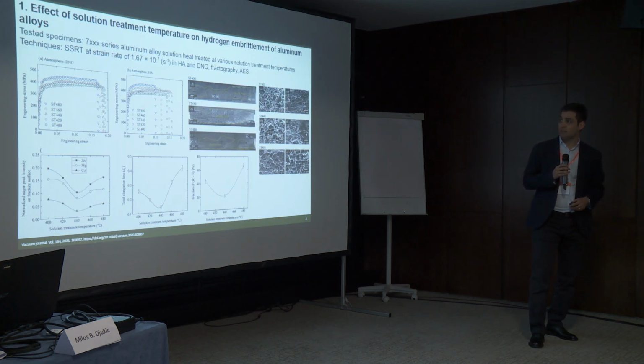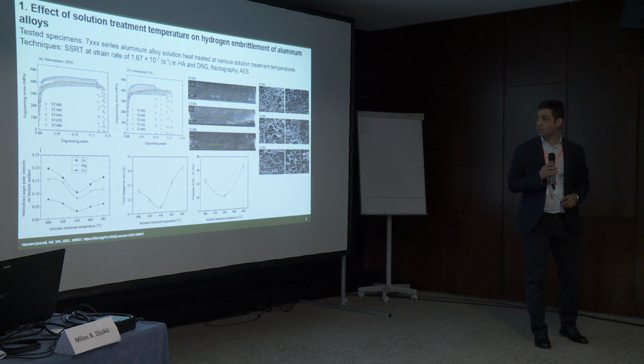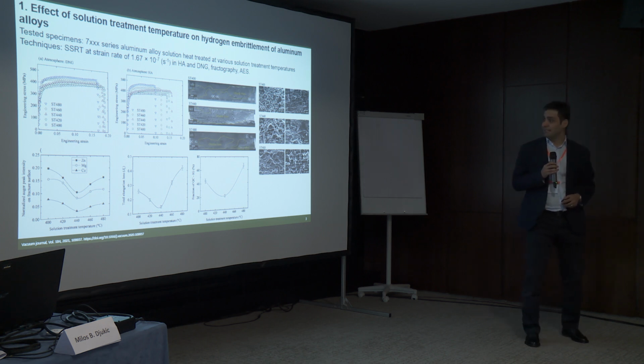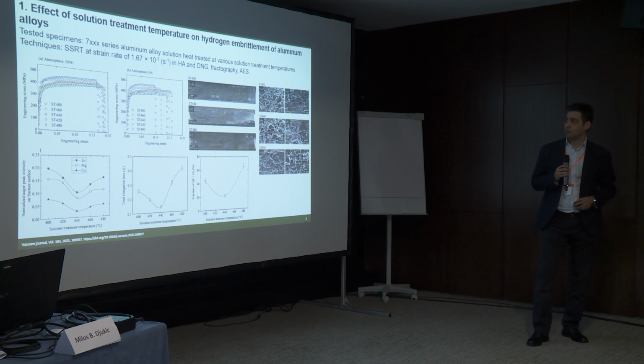The first result, which you can find in the published paper, studied the effect of solution treatment temperature, and we figured out the reason for that: the segregation of zinc, manganese, and copper into the grain boundaries. We tested this segregation with different techniques, and finally found that this is one of the important parameters.